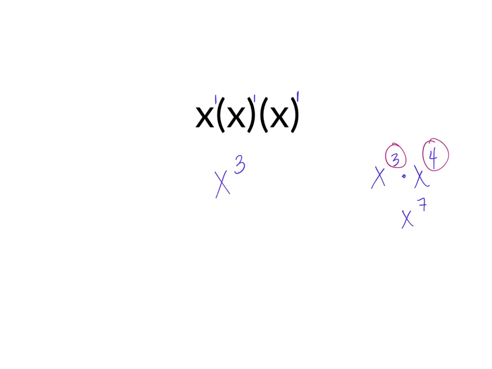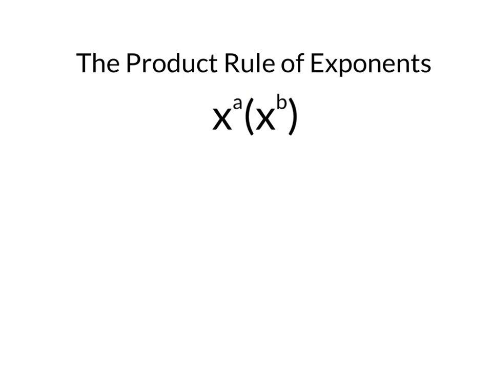So this brings us to the product rule of exponents, which tells us if we're multiplying with the same base, then our exponents simply add. Now it's important to know it only works with multiplication. If you're adding or something in here, the rules become very different. But if I just have x to the something and x to the something, then I can take those two exponents and have x to the a plus b.